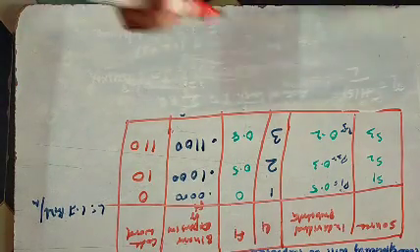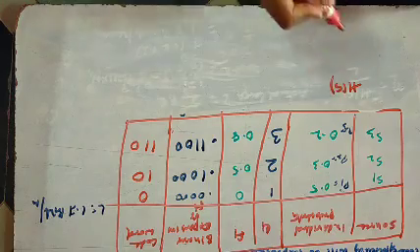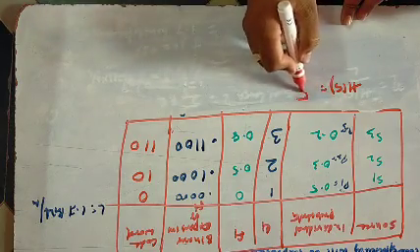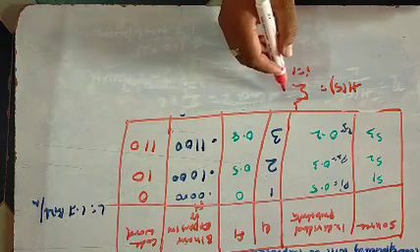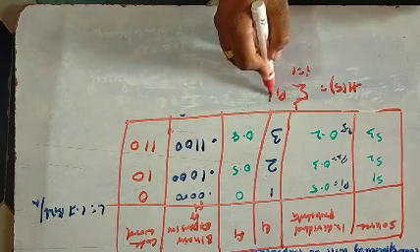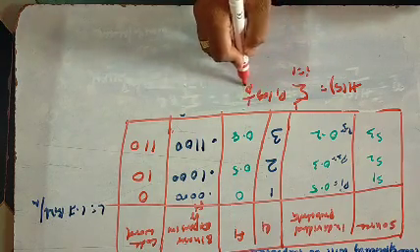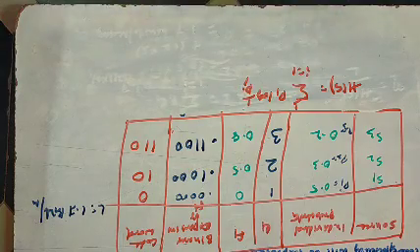Entropy, that is H of S. Entropy H of S is given by the summation for i equal to 1 to 3 of Pi log 1 upon Pi.